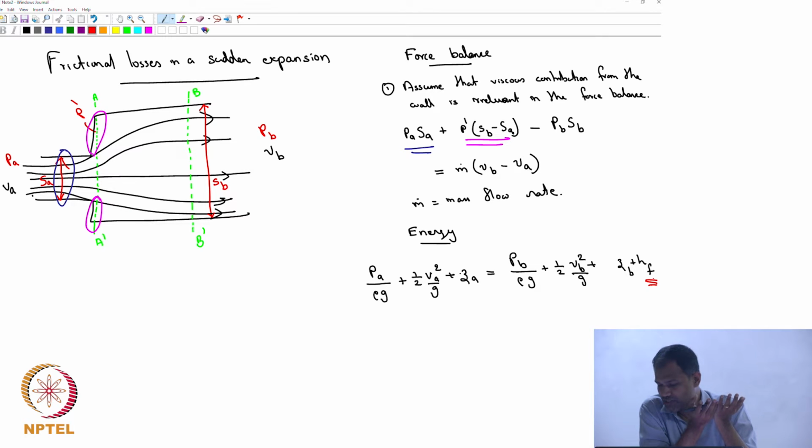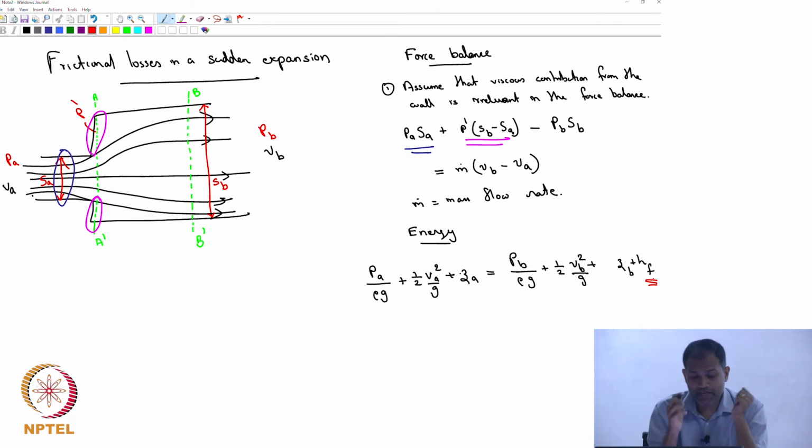So it's just writing down that the net energy in is equal to net energy out plus extra losses.